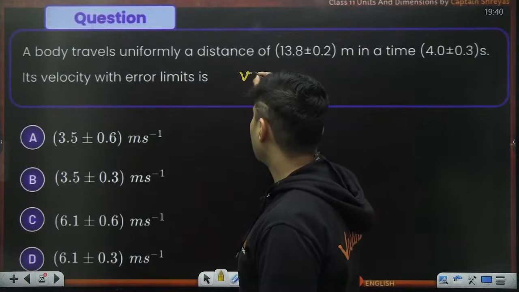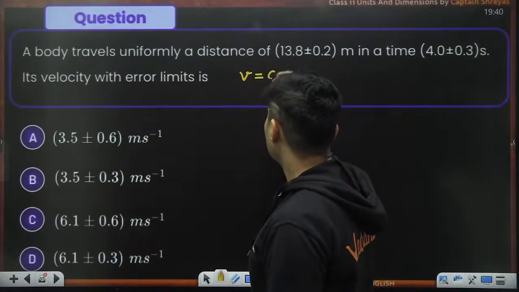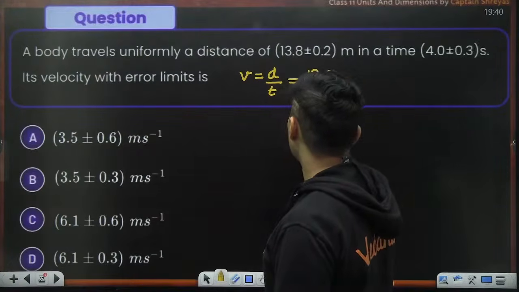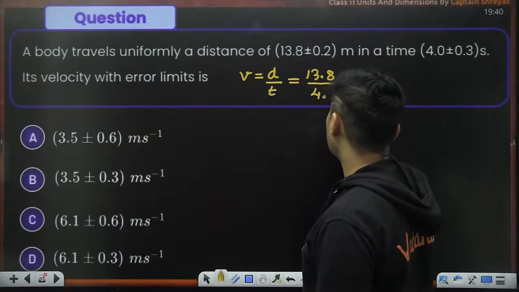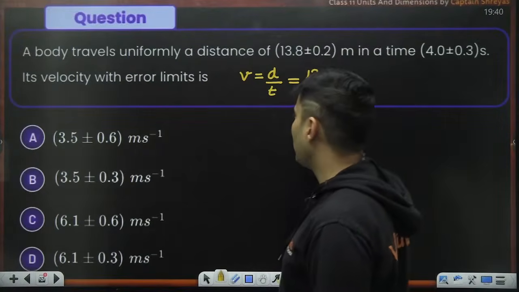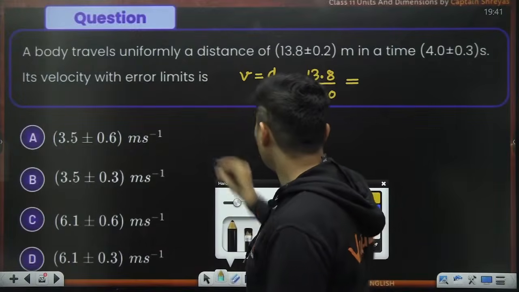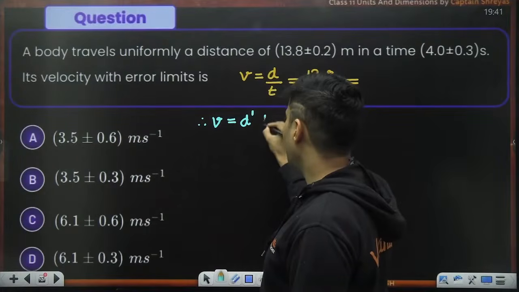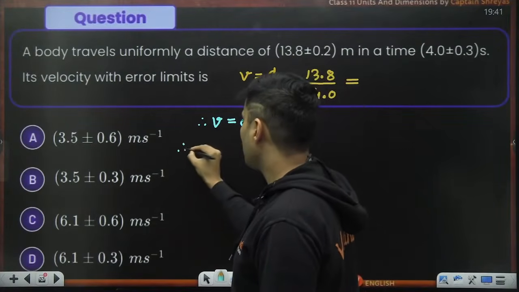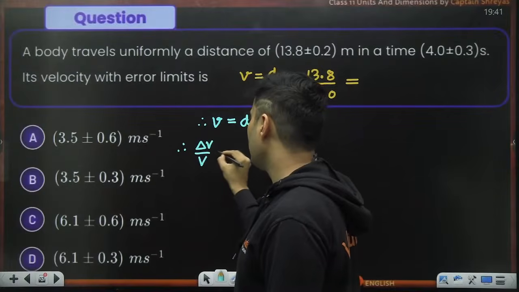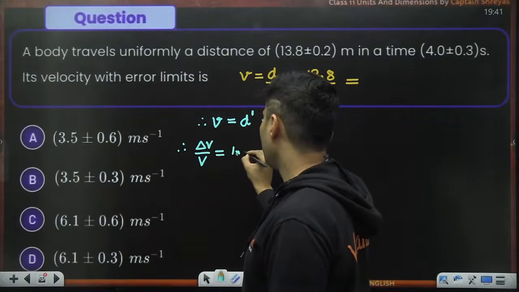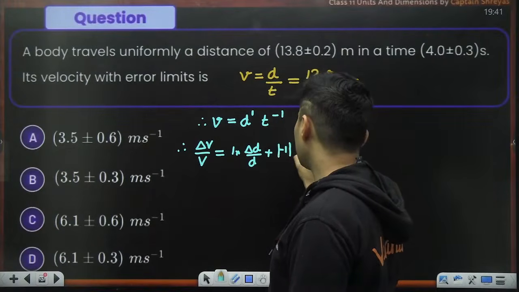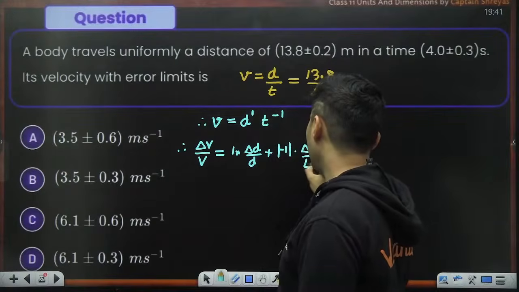First of all, velocity. Velocity is nothing but distance by time. Most likely distance is 13.8. Most likely time is 4.0. First, figure out this particular answer and then go to this. Technically, V will be D to the power 1. Time is raised to the power negative 1. So, relative error in velocity will be 1 times delta D by D plus negative 1's modulus into delta t by t.